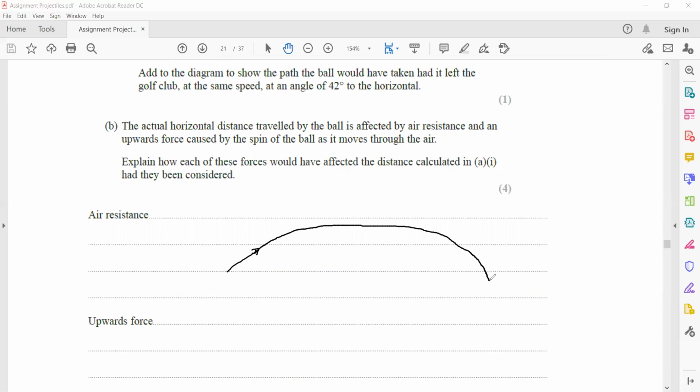This is the trajectory which the projectile follows. But when you launch another projectile with the same speed, but air resistance is acting, it will not remain in the air for a longer period of time because air resistance is opposing its motion. So the time of the flight will decrease. If the time of the flight decreases, the range will also decrease.